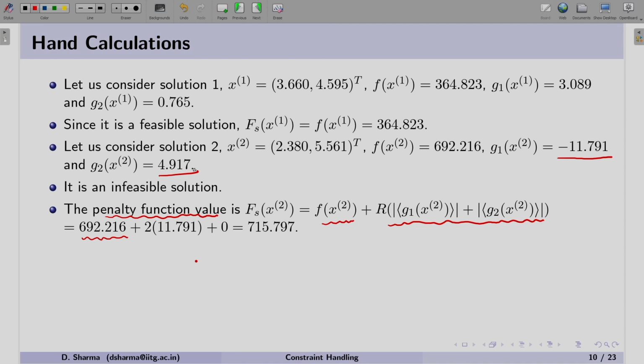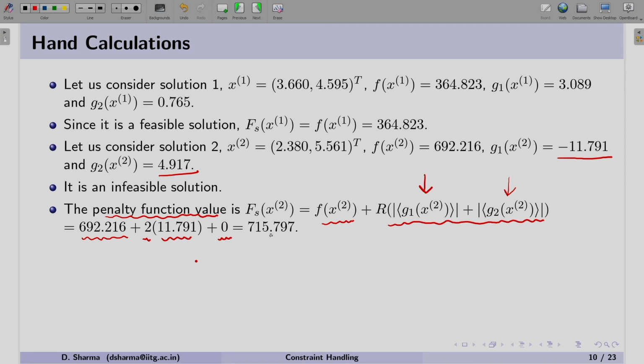Since G1 is not satisfied, we put its value here, and for G2, as we remember, the bracket operator gives 0 when the value is 0 or positive. So we have 2 times the G1 violation, and since G2 is already satisfied, we take a 0 value.